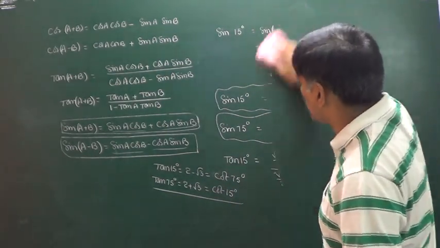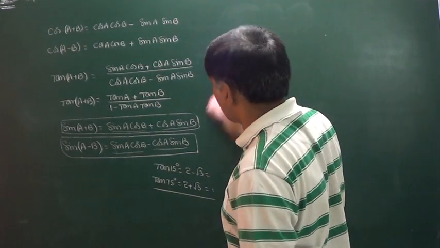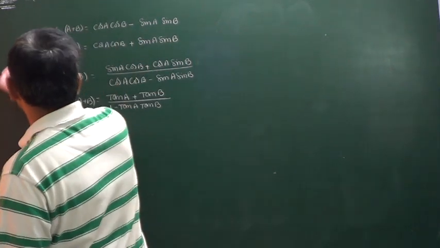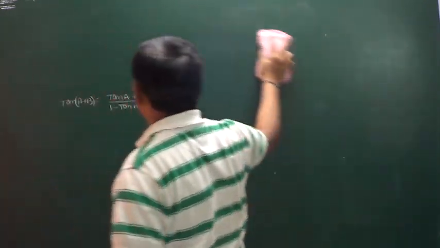Observe, just four formulas: sin(A+B), sin(A-B), cos(A+B), cos(A-B). From those only we are deriving all the formulas.